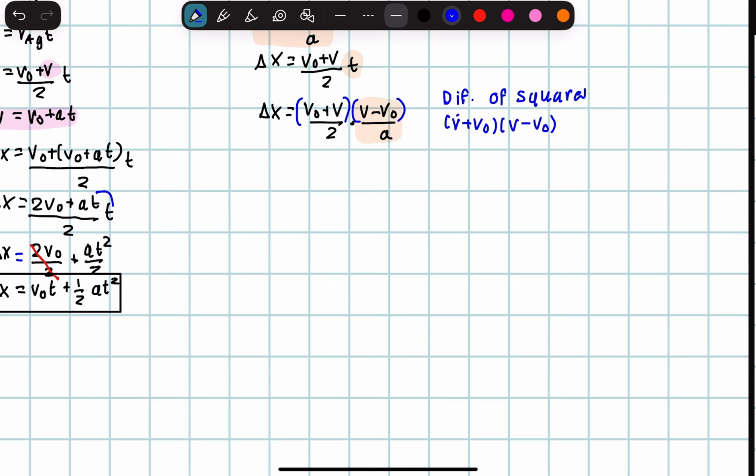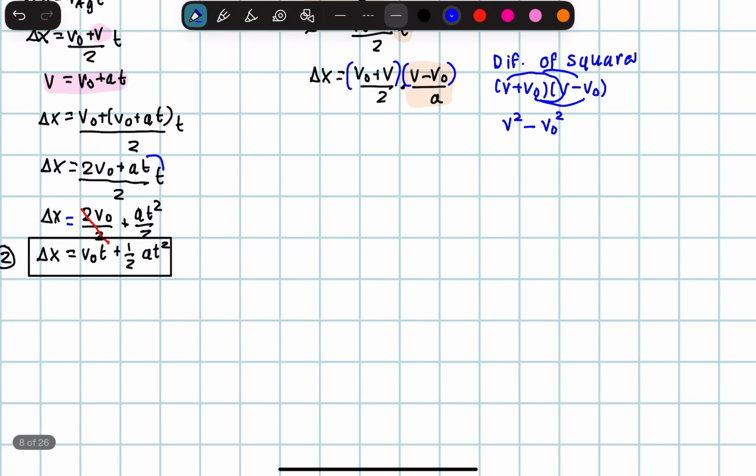So knowing that, we can FOIL this. So we're left with v squared plus v minus v initial squared. Now from here, we can write that delta x is equal to v squared minus v initial squared divided by 2 times the acceleration.